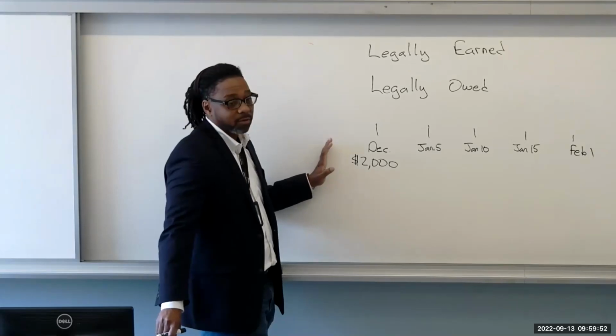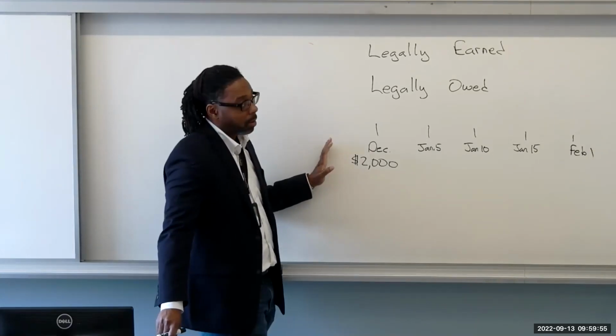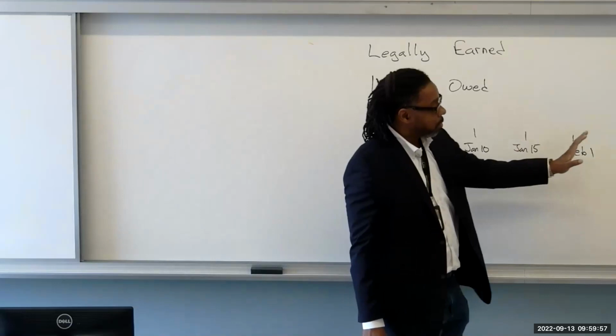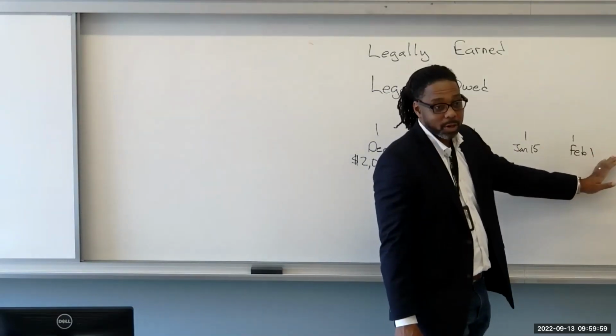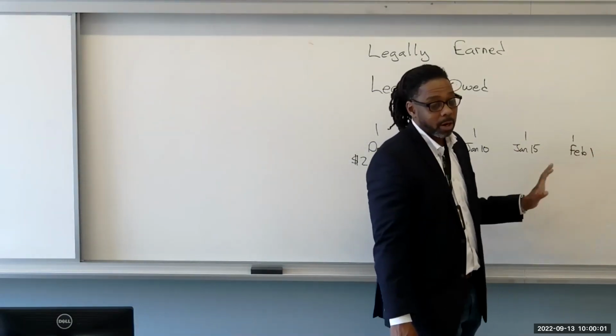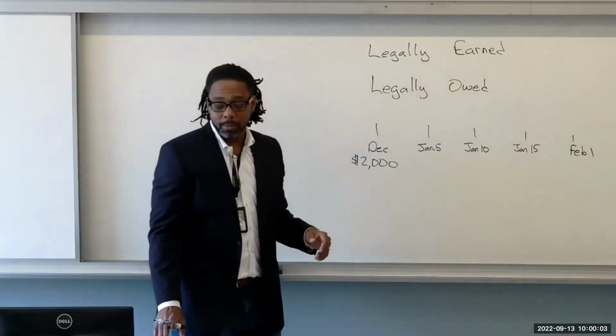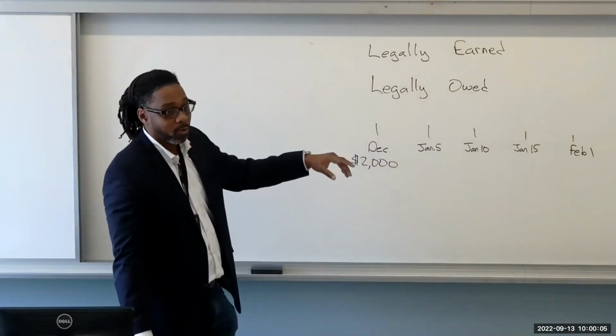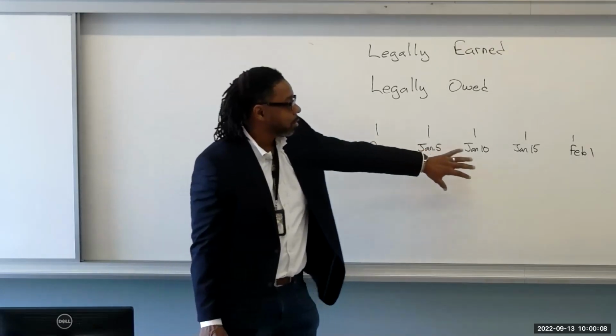So the expense is sitting in December. Prayerfully, you'll get your revenue by February. That's 2 months later. But also it's 2 different quarters, right? This is fourth quarter, this is first quarter.